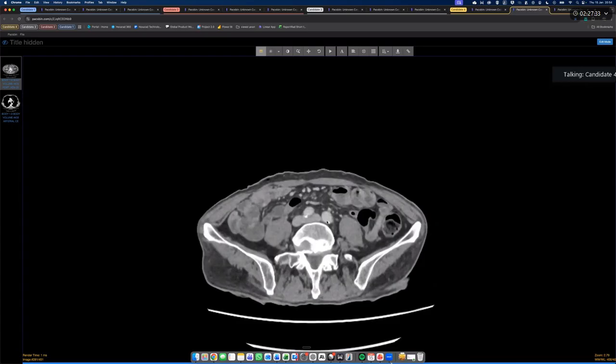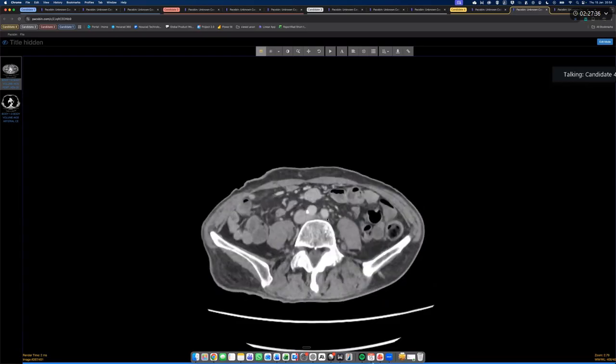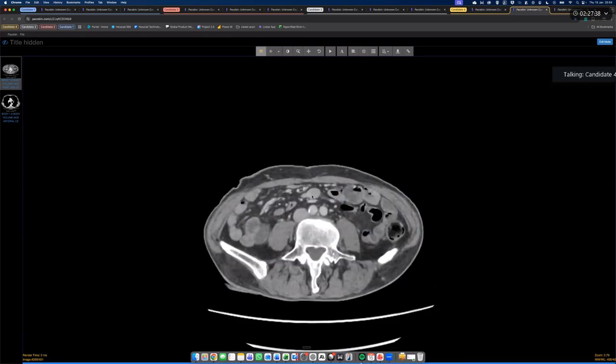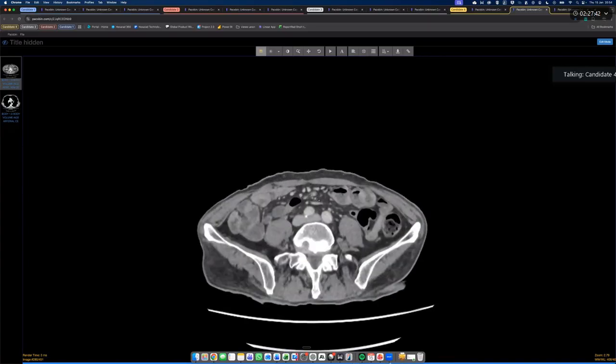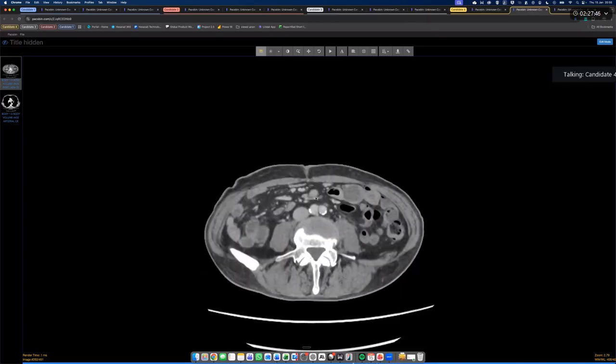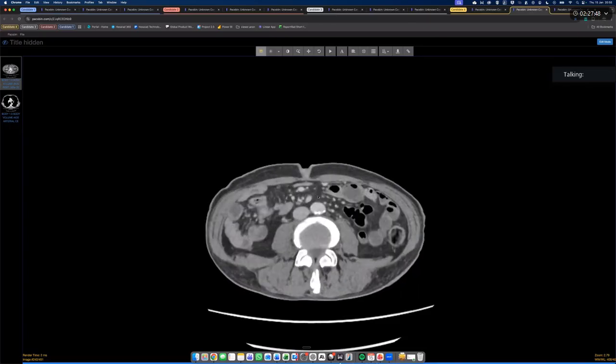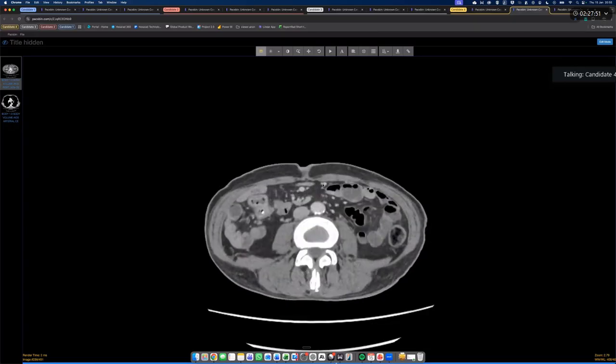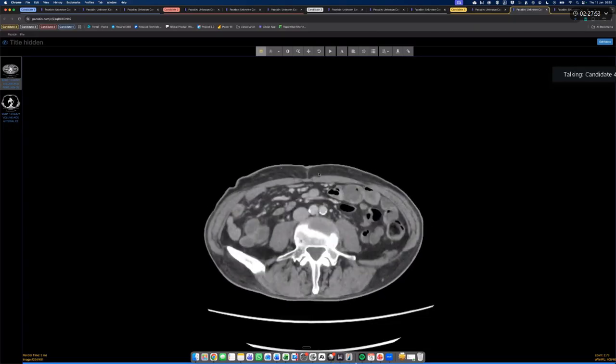I'm looking at the rest of the bowel loops. Okay. So there is another enhancing lesion. I'm trying to see whether it is a vessel or within the bowel loop.